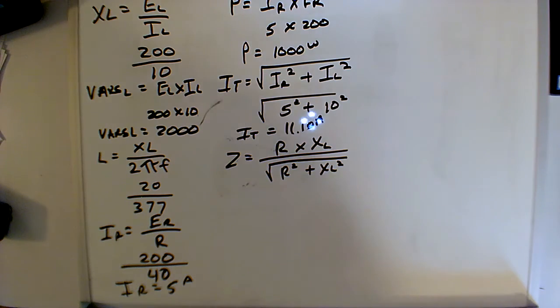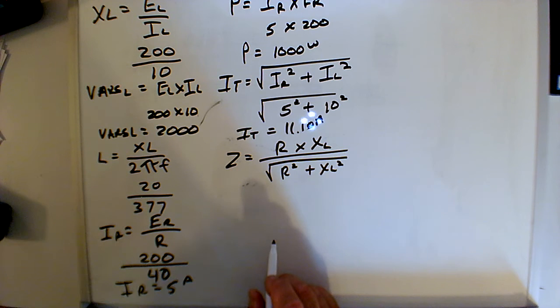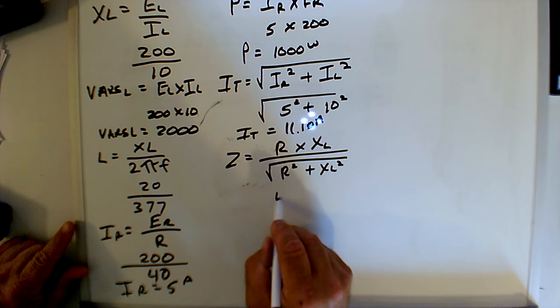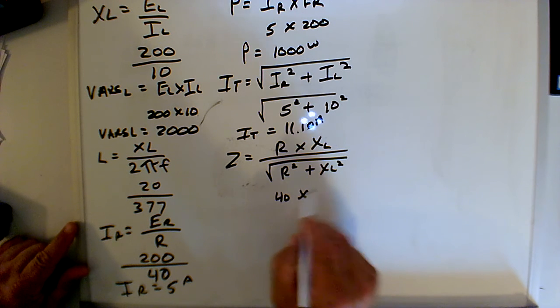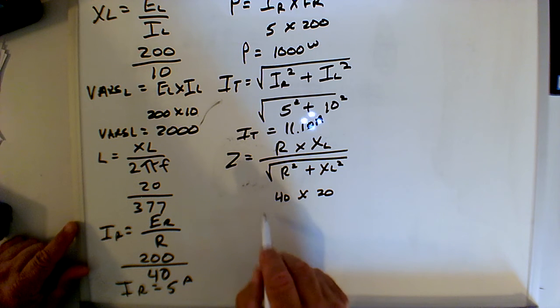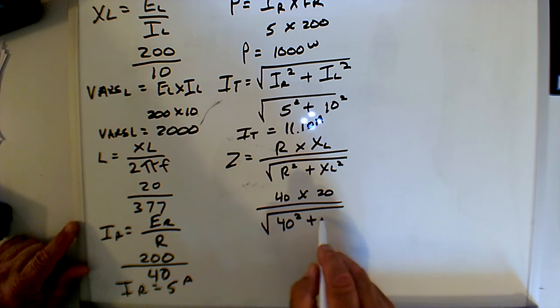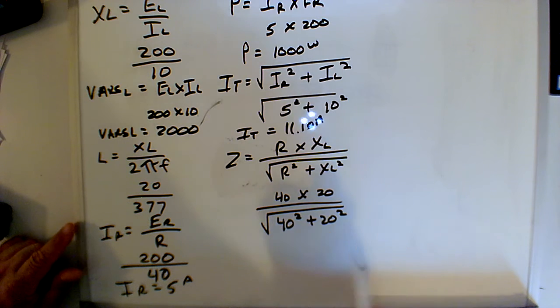That's one of the formulas we can use. And in this case, we start plugging in the numbers. R was 40 times XL was 20, and we're going to divide that by the square root of 40 squared plus 20 squared.